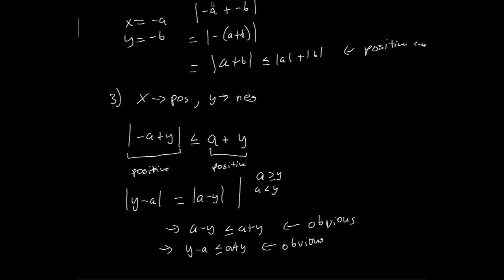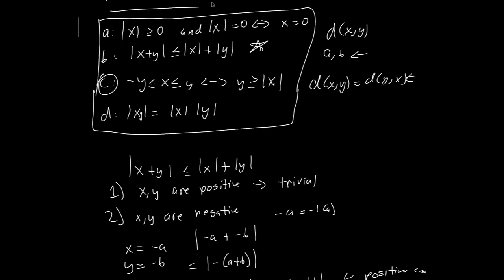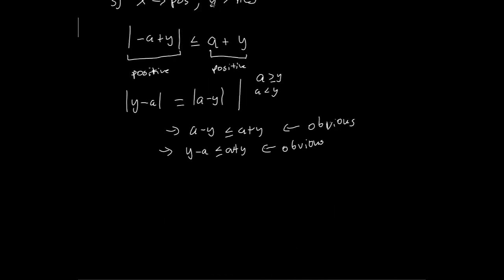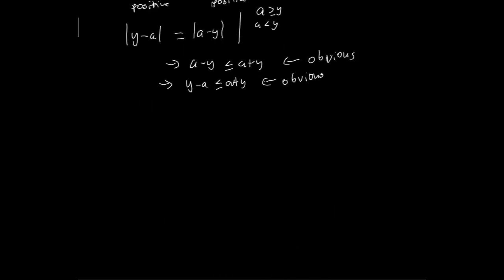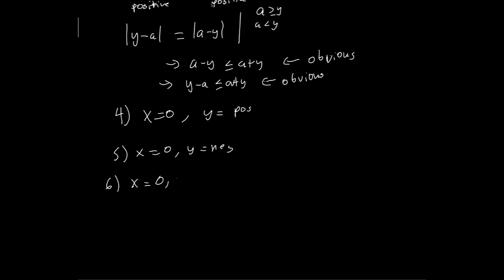And for case 4, will be x equals 0, y is positive. Case 5 will be x equals 0, y is negative. Case 6 will be x equals 0, y equals 0. And these are not hard to prove on their own.